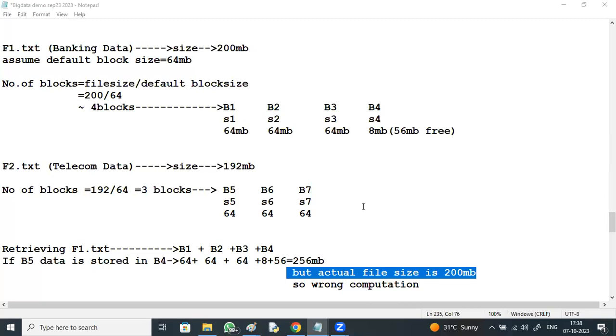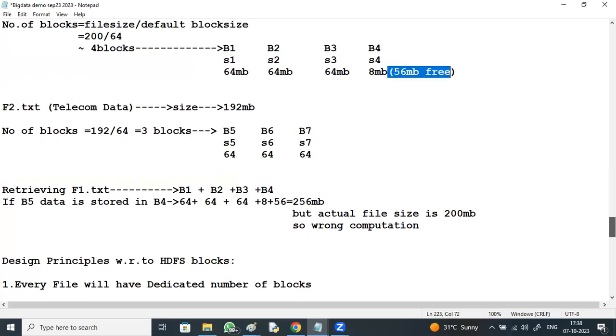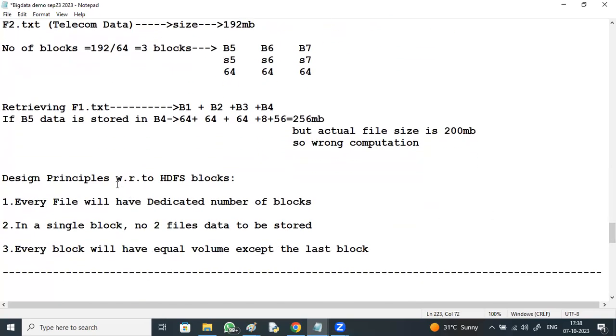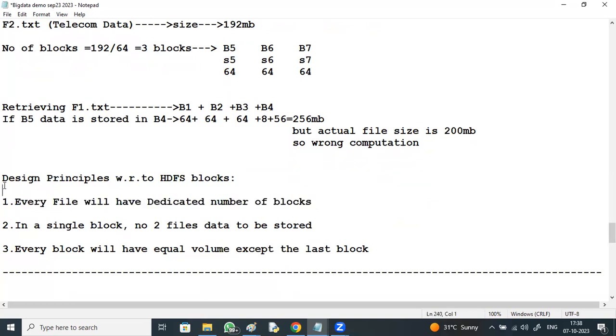So every file should have its own blocks. Even if space is free, it is not a problem. Design principles with respect to HDFS blocks: every file will have a dedicated number of blocks. In a single block, no two files' data are to be stored.